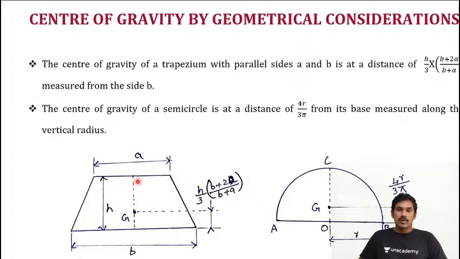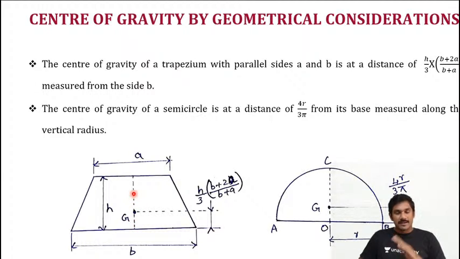If you draw two axes, X and Y, about the Y axis, that is the vertical axis, this trapezium is symmetrical. So no need to worry. The center of gravity lies exactly on the vertical axis, but we don't know the horizontal position.